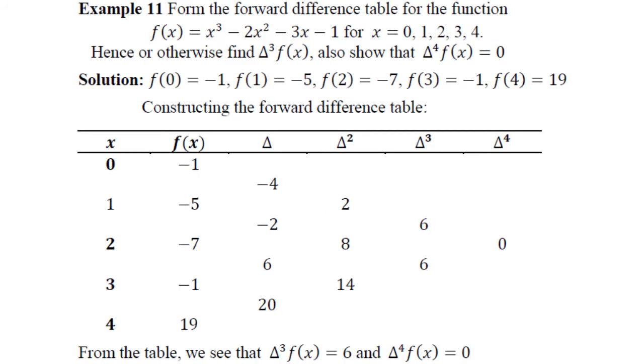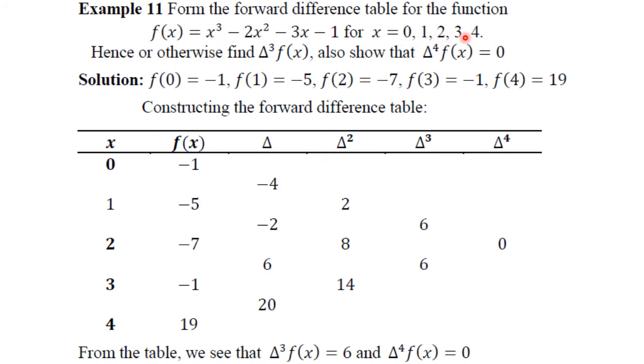Now students, this is the example, and it says: form the forward difference table for the function f of x equal to x cube minus 2x square minus 3x minus 1 for x equal to 0, 1, 2, 3, 4.